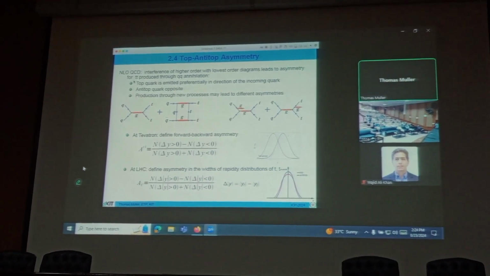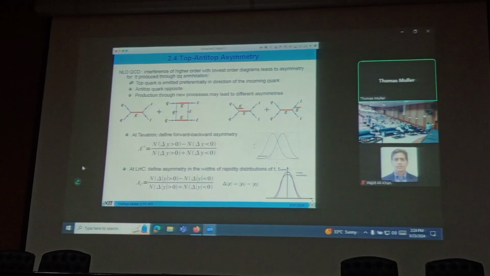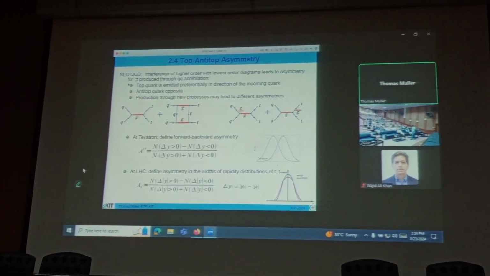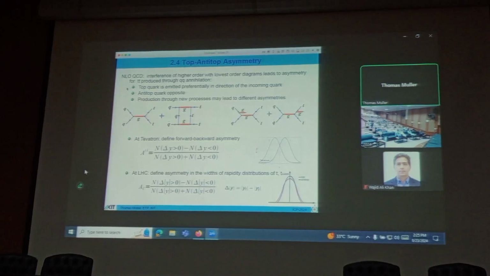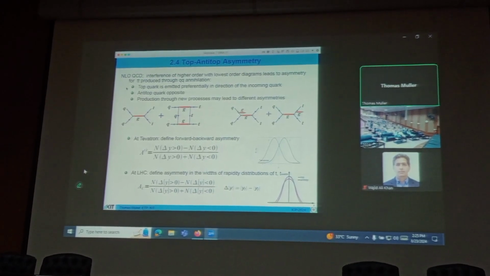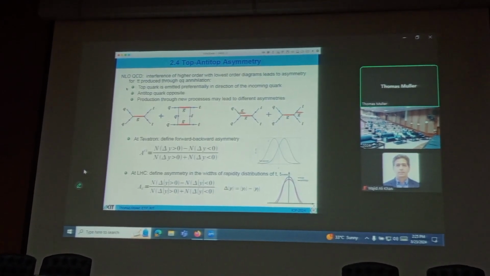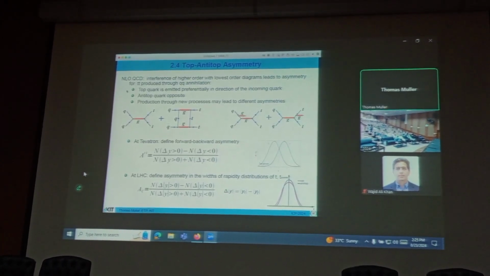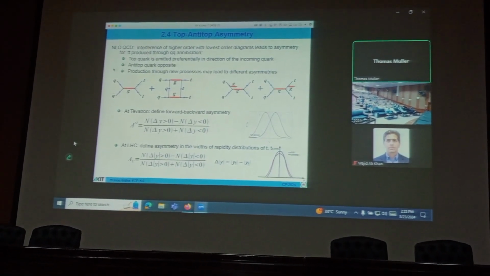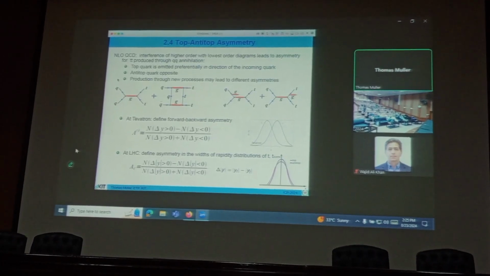If you think, well, it started with proton-antiproton collisions, so you have a valence quark and a valence antiquark, and they annihilated into a virtual gluon and then produced a t t-bar pair, then you would think the t t-bar pair should not have any memory of where was the direction of the quark and where was the direction of the antiquark.